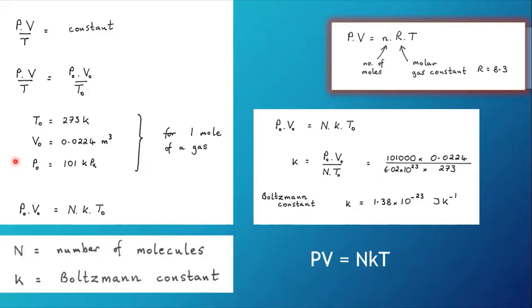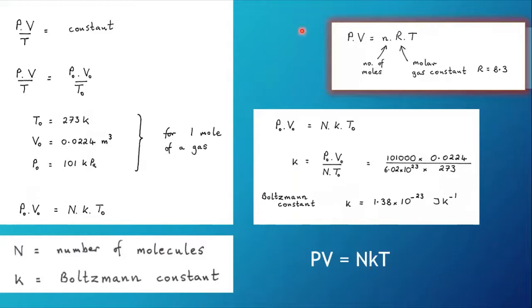If we've got 1 mole of gas under these conditions, standard temperature and pressure, that leads to P0 V0 equals NkT0. And that leads on to here and gives us a value for the Boltzmann constant. Of course, the Boltzmann constant is given in your data booklet anyway. I would stress that big N is the number of molecules, and small k is the Boltzmann constant.